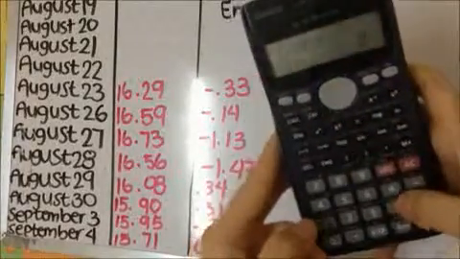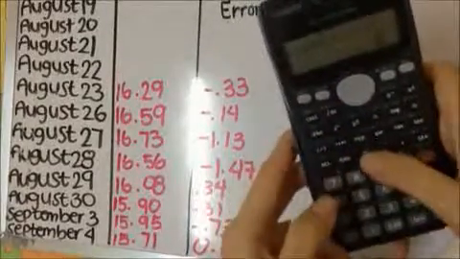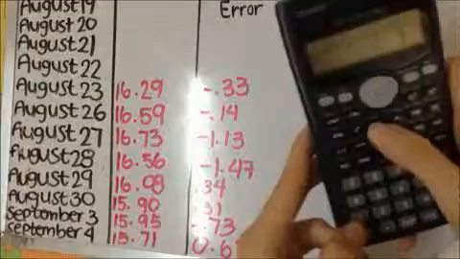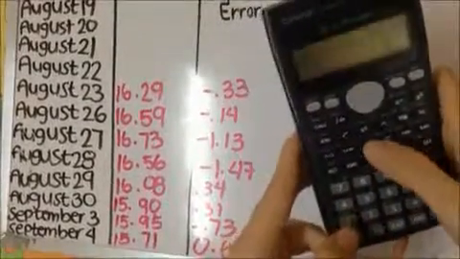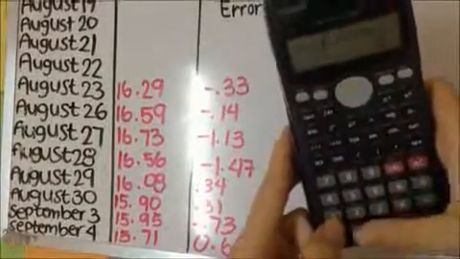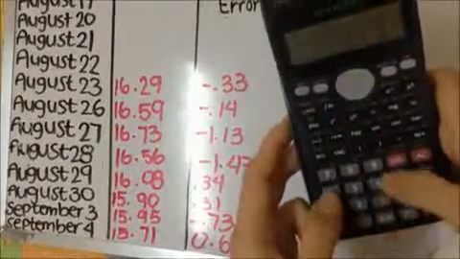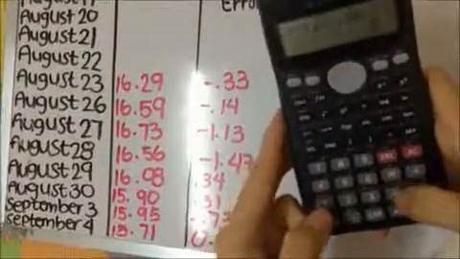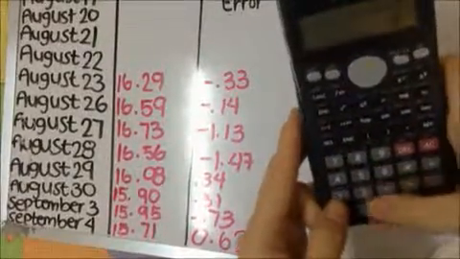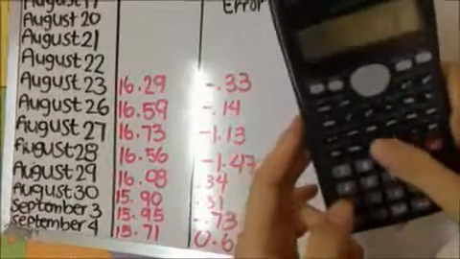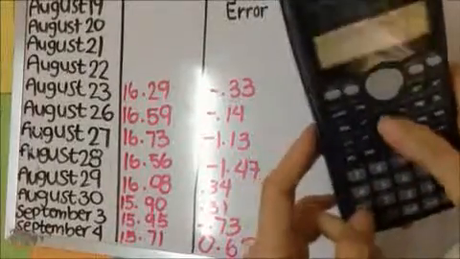So it is 0.33 squared plus 0.14 plus 1.13 plus 1.47 plus 0.34 squared plus 0.31 squared plus 0.73 squared plus 0.62 squared.